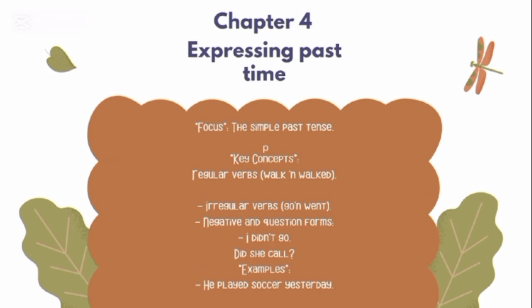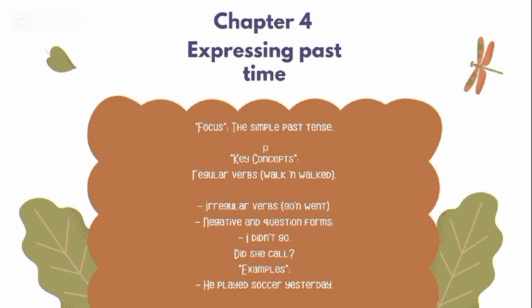In chapter 4, it's about expressing past time. Here we are exploring the past, usually using the simple past tense for a completed action. There are regular verbs and irregular verbs.